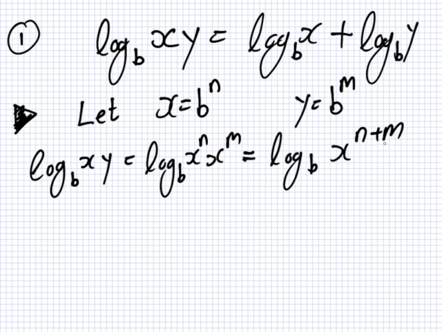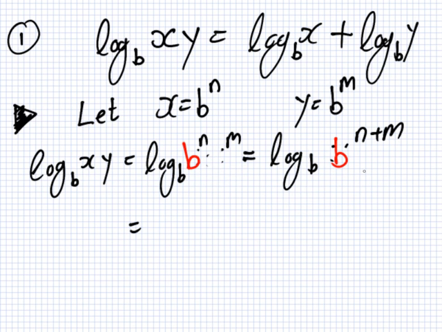This is the first rule of powers from yesterday. Oh, sorry, what did I write, x here? I'm sorry, no, this should be b's here, sorry. These are b's. Log_b b to the power n plus m.